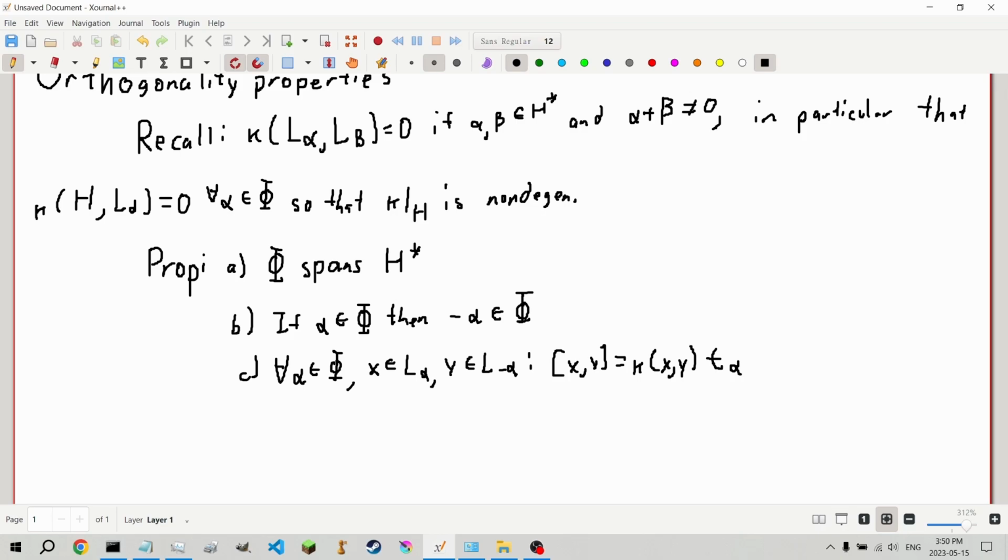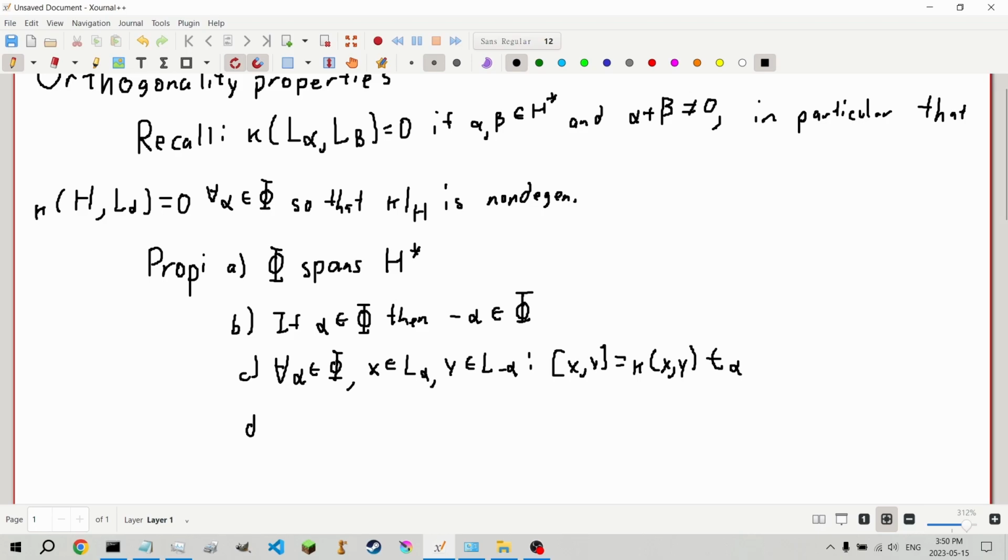Remember, last time we saw that we can identify H star with H, and there's a canonical corresponding element of our toral subalgebra for every root. That's what that element is.